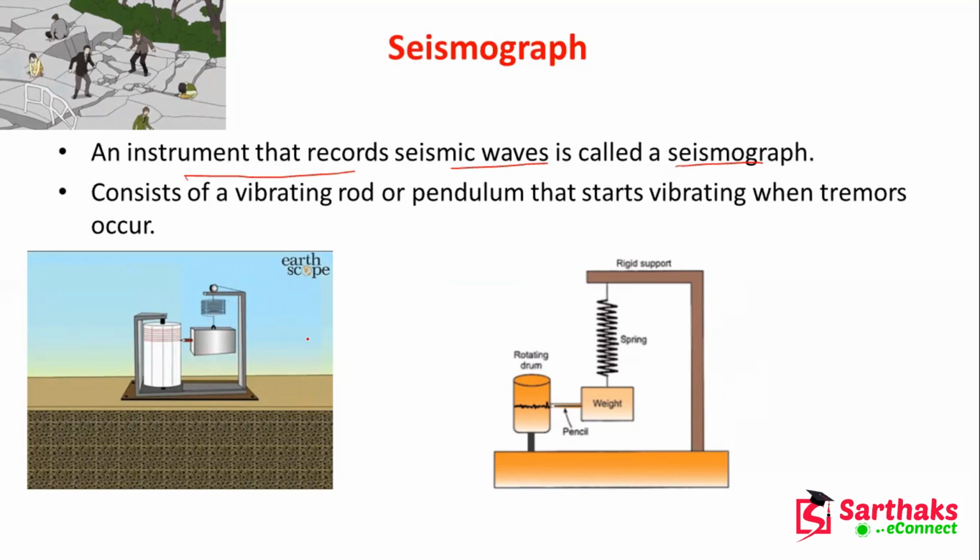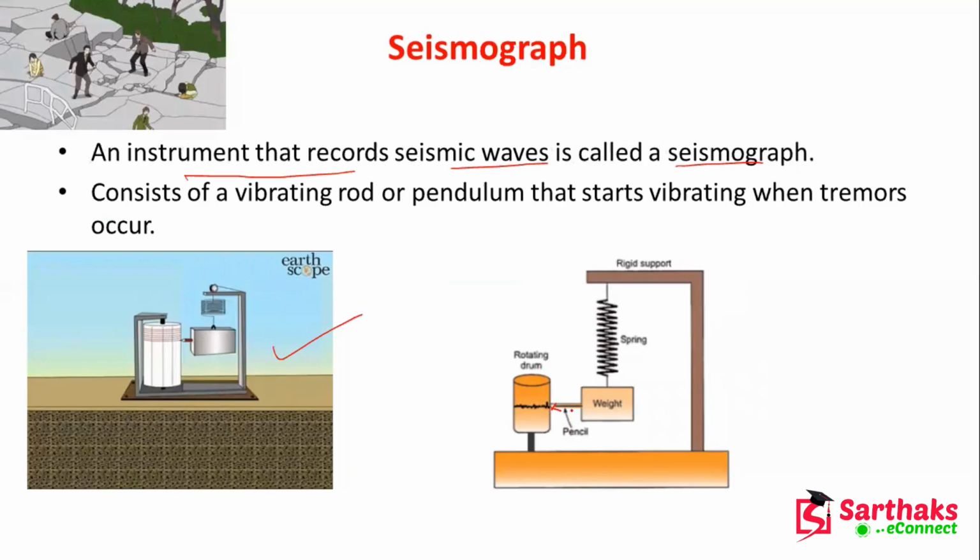Now generally this is the seismograph. Here you can see there is a weight and there is a pencil here. And this is the rotating drum, and this is the spring. If there are any vibrations, then due to these vibrations, the pencil will draw a graph on the paper on the rotating drum.